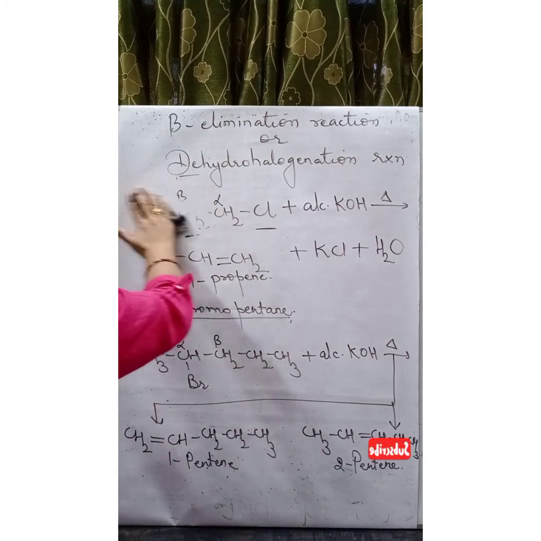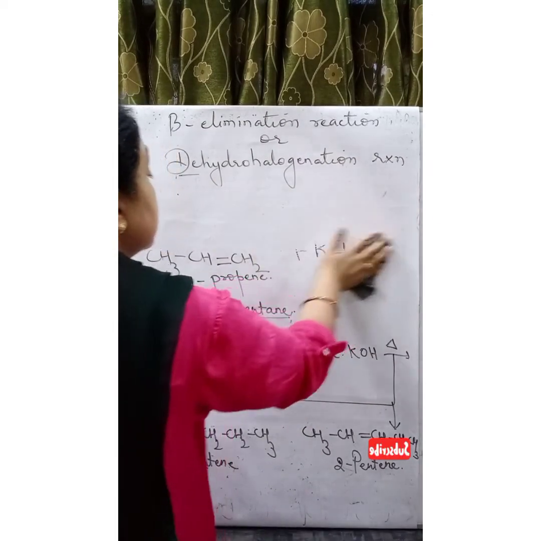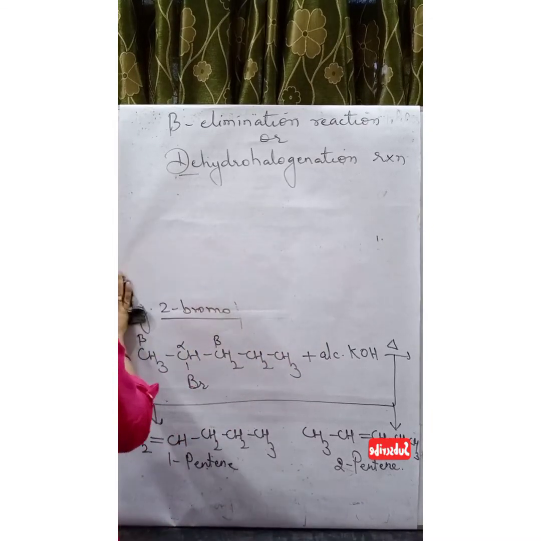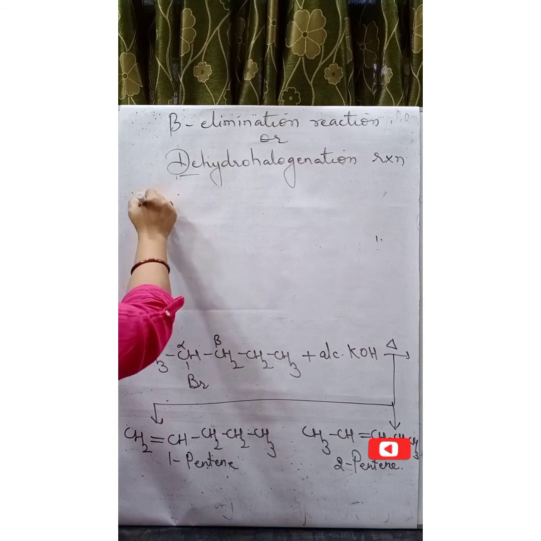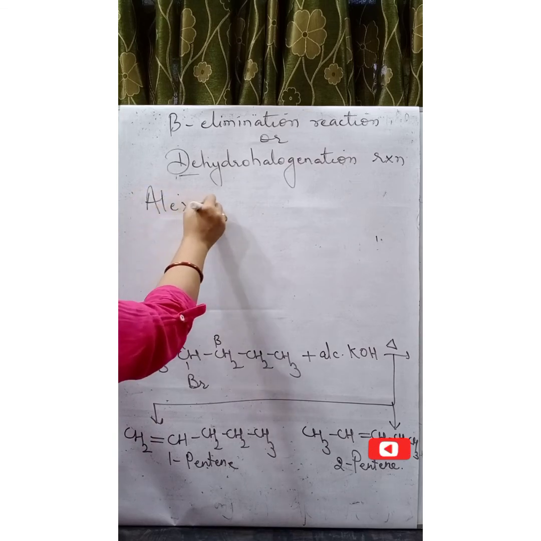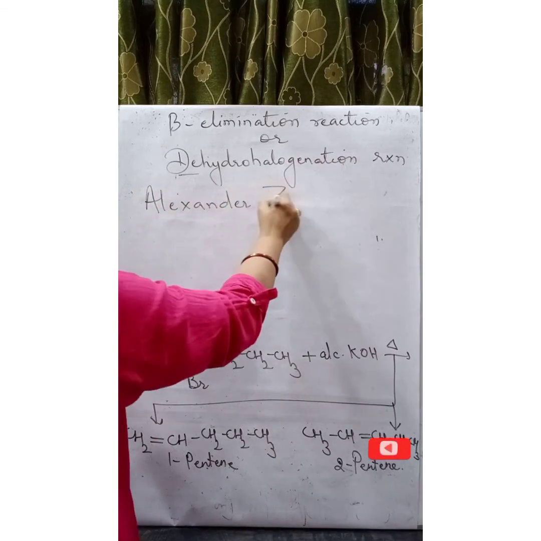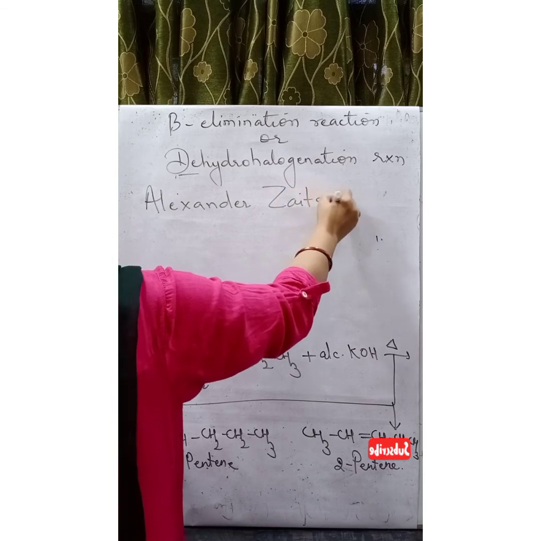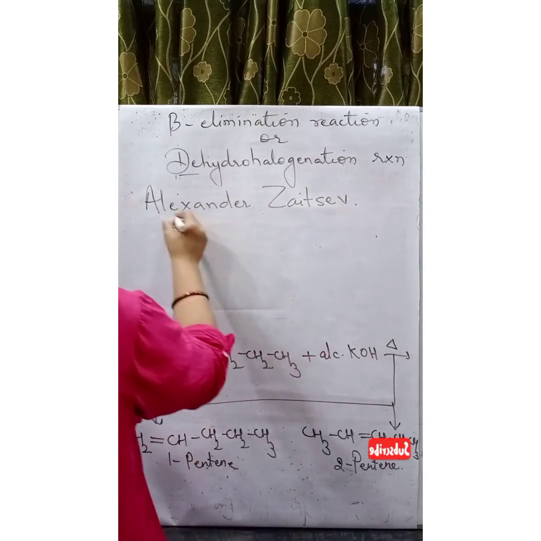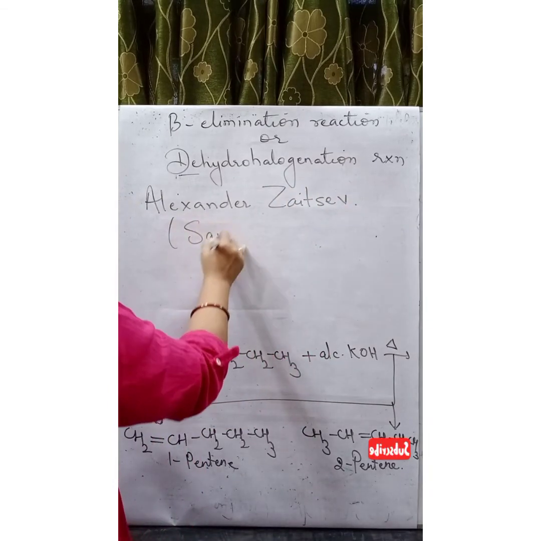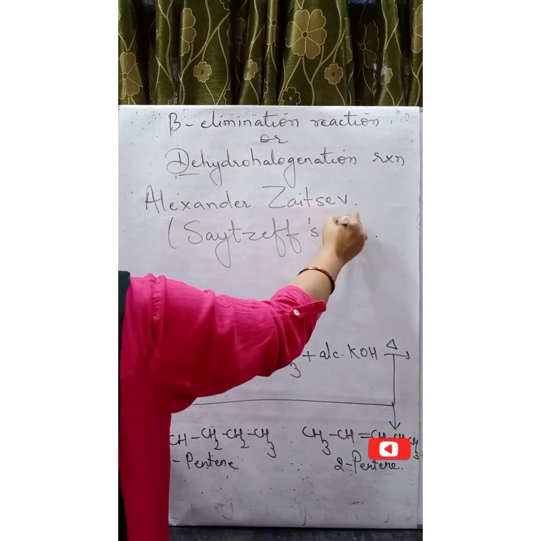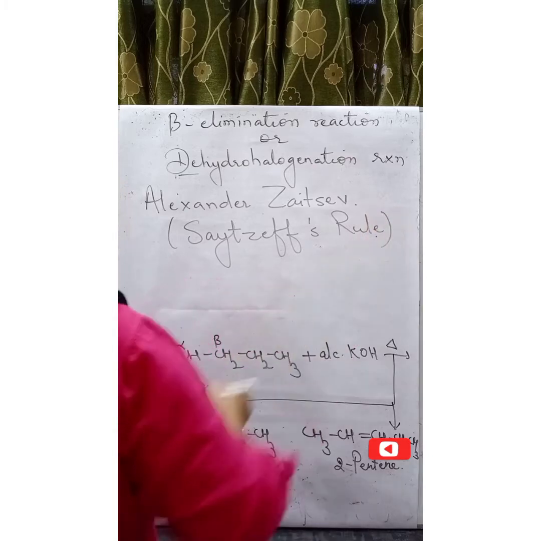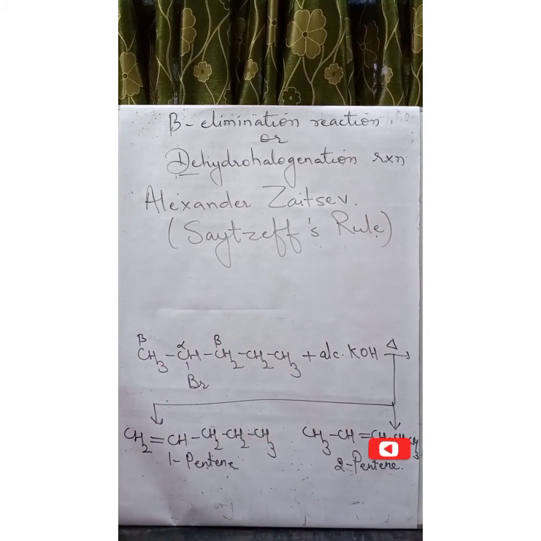This type of questions were answered by scientist Alexander Zaitsev. He was a Russian chemist. It is also spelled in English as Saytzeff. He came up with a rule known as Saytzeff rule.